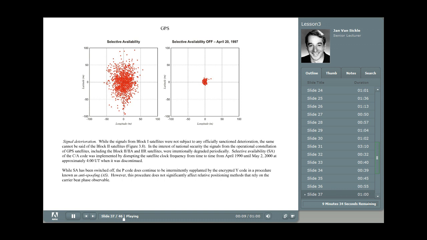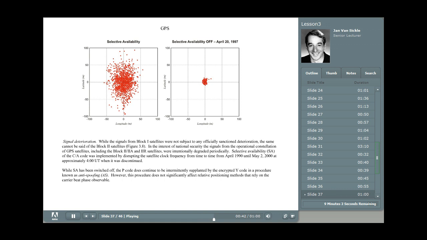Now, we've already talked about the turning off of the selective availability, but anti-spoofing, which is a different component of security in the GPS system, continues. Anti-spoofing is the encryption of the P code into what is known as the Y code.